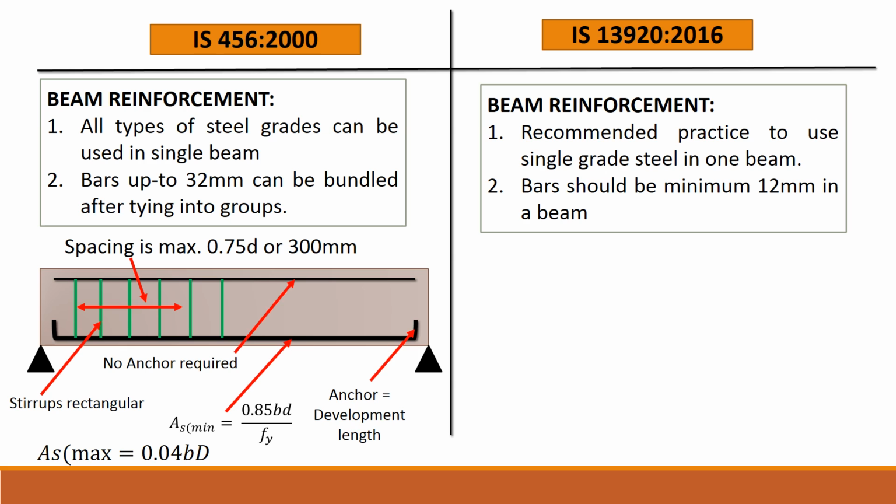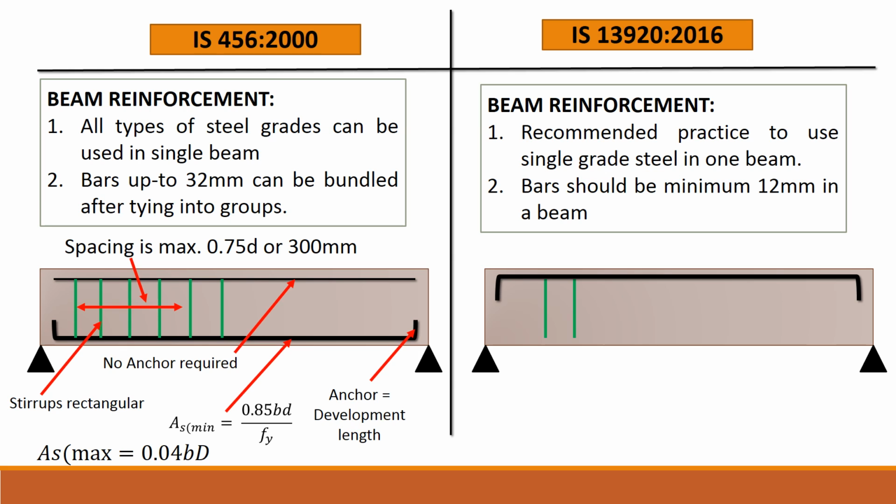Now coming to IS 13920, one needs to provide at least 2 bars at the top as well as at the bottom, the compression and the tension reinforcement. Both are to be anchored properly and the development length has to be added at the ends for both compression and tension reinforcement.